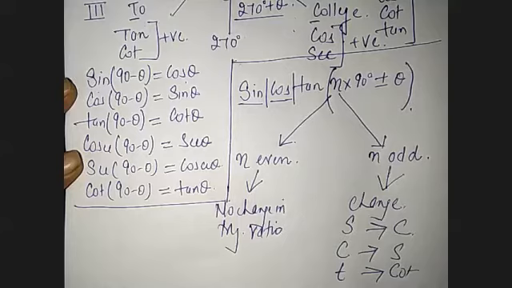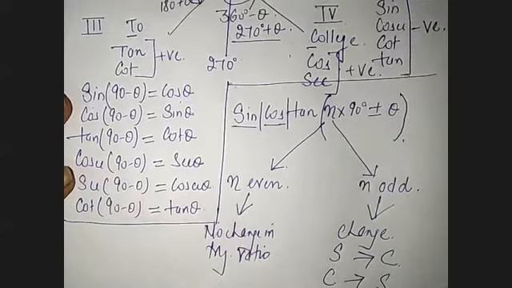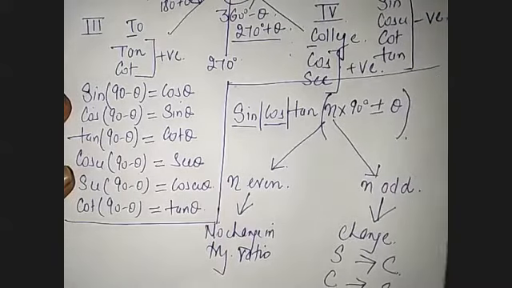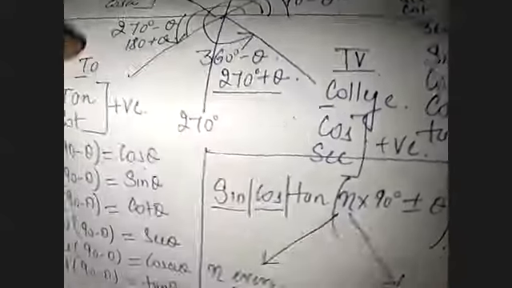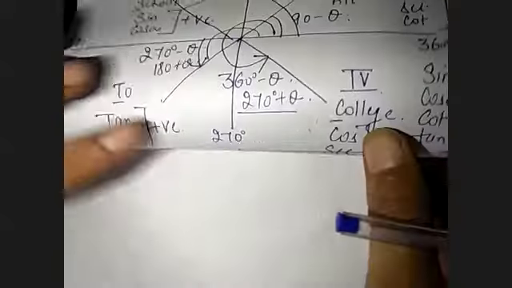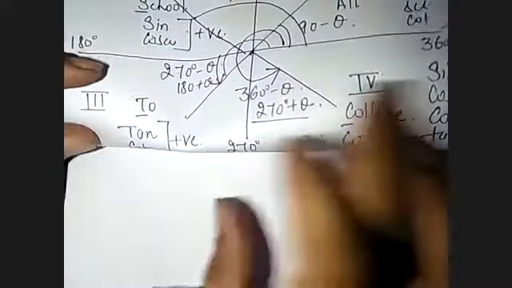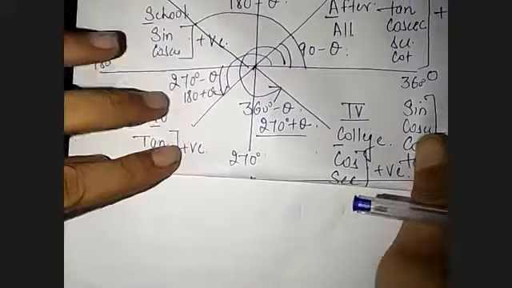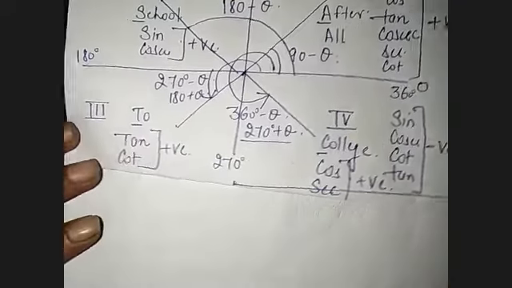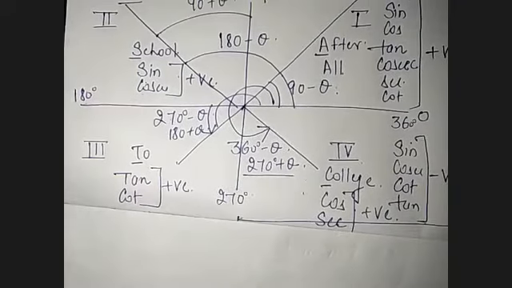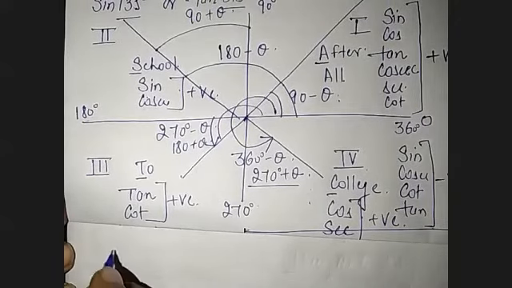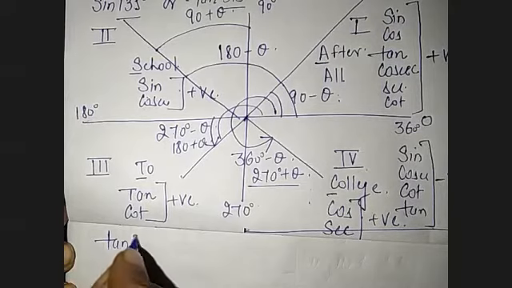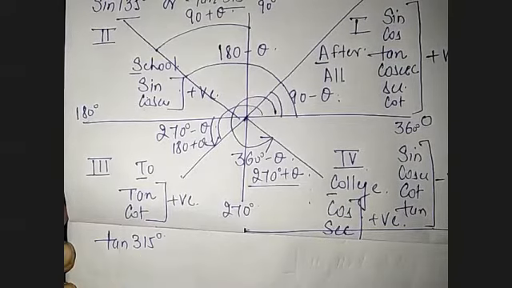I think the point is clear, but more clarity will come when I solve the first question that we have given to you today. I will keep this as it is for your better understanding. Now I will solve the question. We are given tan 315 degree.